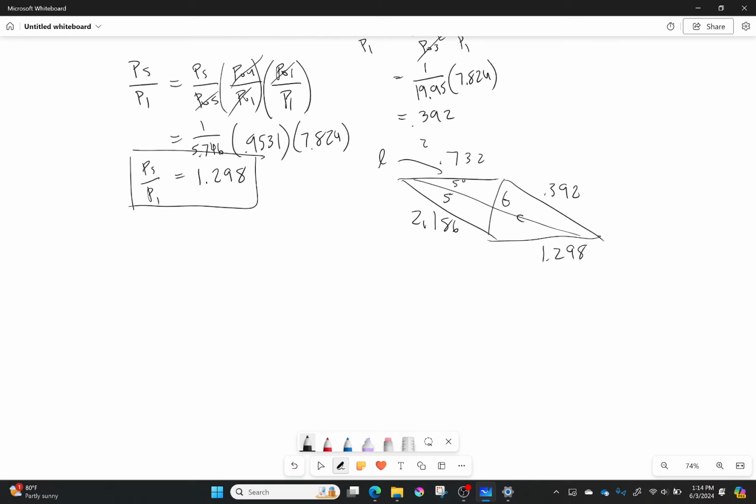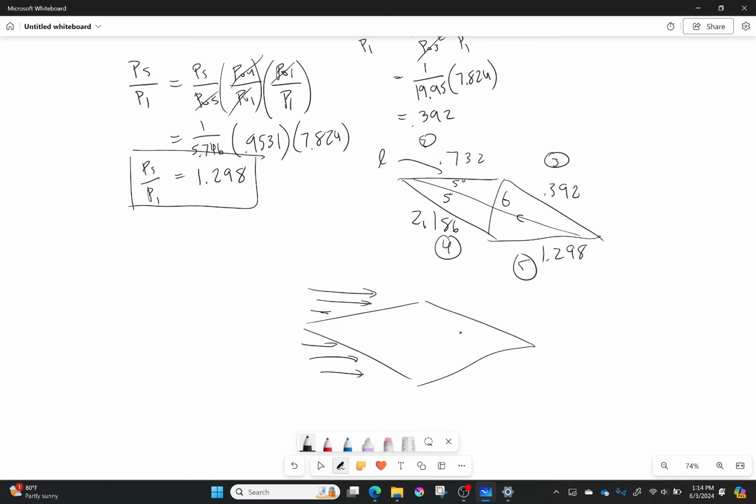Remember, this is section 2, section 3, section 4, section 5. For drag, I'm going to draw this out with the angle of attack here. It's going to be the force, the pressure going this direction, that's slowing it down, minus the pressure going in this direction. That's all I care about right now.